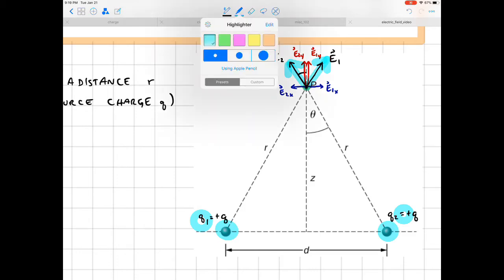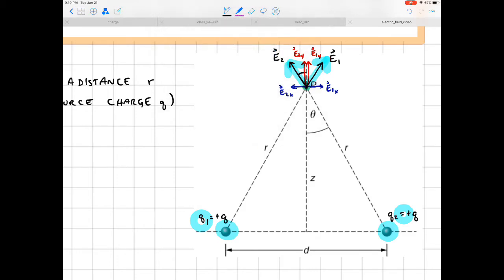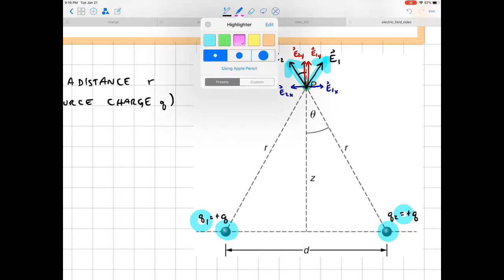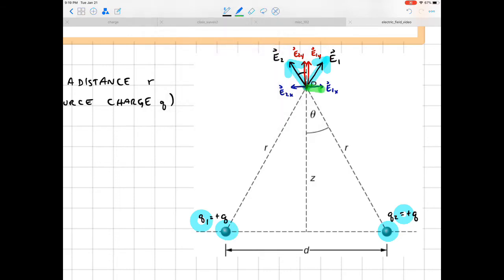You can see we've got x components of E1 and E2, and since the vectors E1 and E2 have the same magnitude and are at the same orientation, these two components in the x direction are going to cancel out.